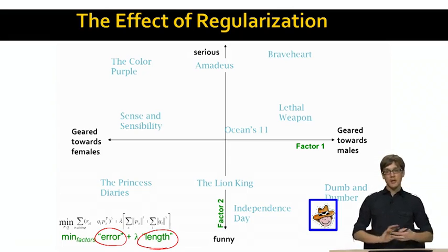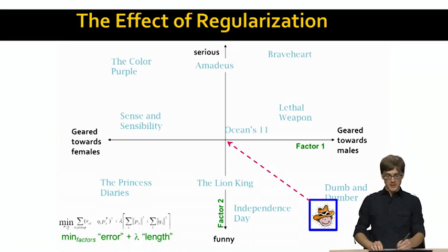So if this user has made lots and lots of ratings, then there are two parts in this objective function that are trading off each other. So one is that we want the error for this user to be small. And on the other hand, we want the factors describing this user to be small. And what does the factors being small mean? It basically means the distance of the user from the coordinate origin, right? So we are basically now trading off two things.